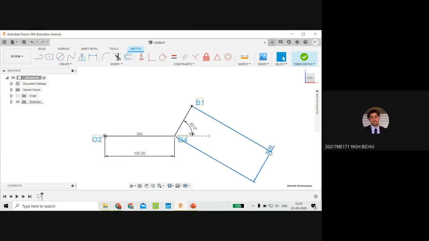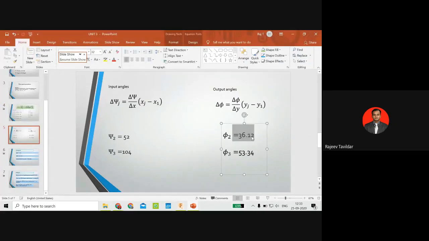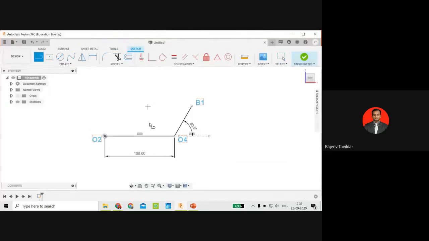So we have to go on marking lengths too. Yeah, next step is to get O4B2 and O4B3. O4B2 means I have to see over here what we have got here. I've got phi 2 as 36 degrees. So what I'm going to do is I'll draw a line of 0.5 at an angle.